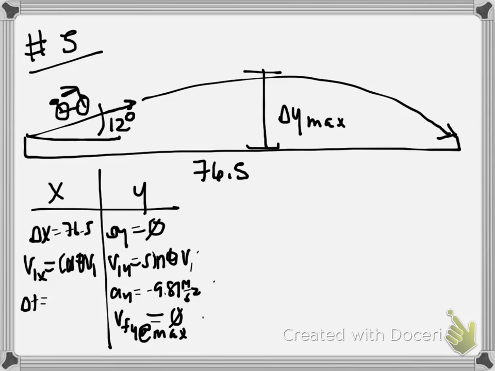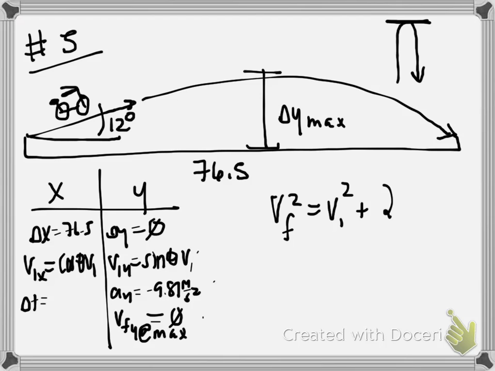From here to here, it's as if he was an object thrown directly upwards, there's a moment where velocity is 0. So, to get something that connects VF, VI, A, and delta Y, we could go to our golden 4, and we could do VF squared equals VI squared plus 2A delta Y. VFY, VFY. Okay. I'm confused on the VFY.